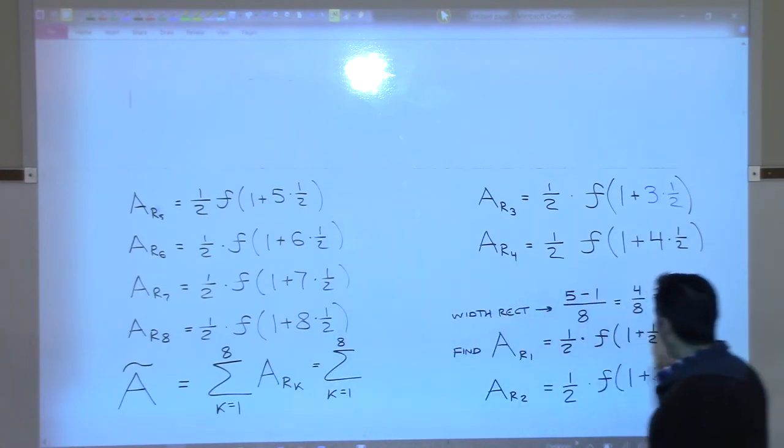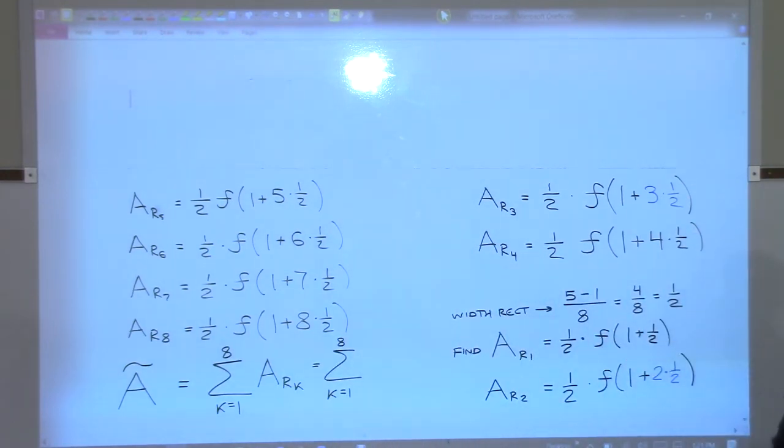Like, aren't all of these formulas almost identical? What is the only thing in these formulas that's changing? This is the key to the problem right here. What is the only thing changing from 1 to 2 to 3 to 4, 5, 6, 7, 8? What's the only thing changing? The coefficient in front of the half.